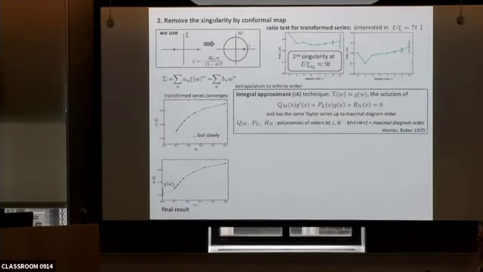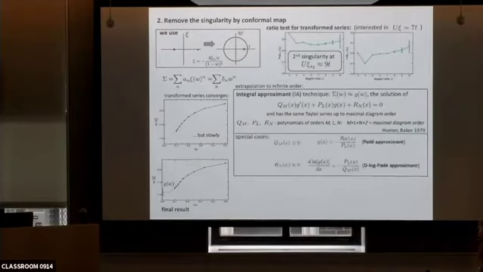This may look unfamiliar, but you're probably familiar with its special cases. Well, the well-known Padé approximant technique is just a special case when this Q is 0, and the logarithmic derivative Padé approximant technique is slightly more powerful. It allows you to deal with algebraic singularities.